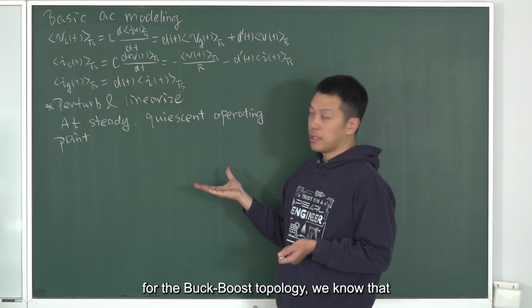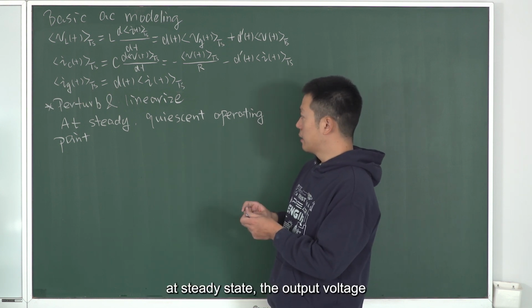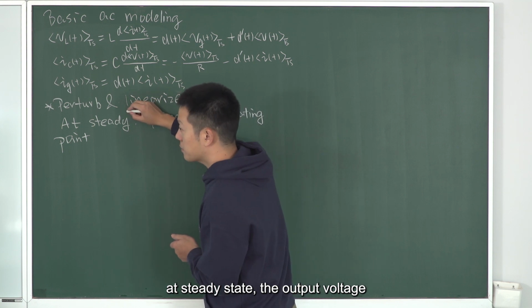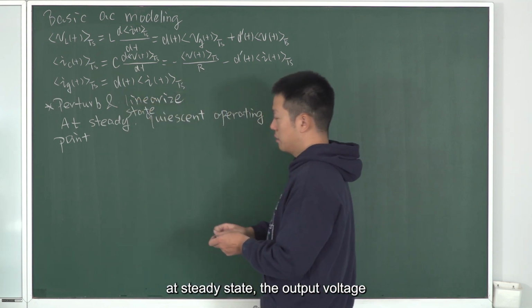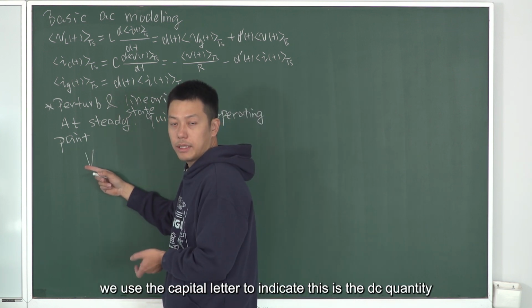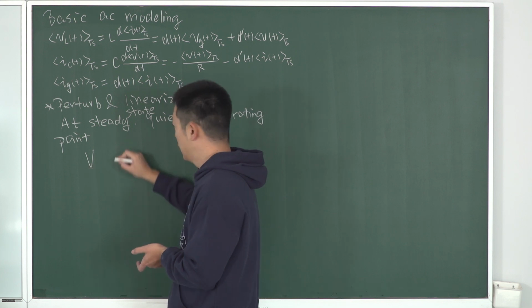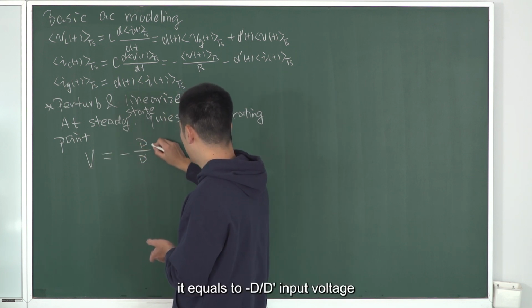For the buck-boost topology, we know that at steady state, the output voltage, where we use the capital letter to indicate this is a DC quantity, equals minus D over D prime times the input voltage.